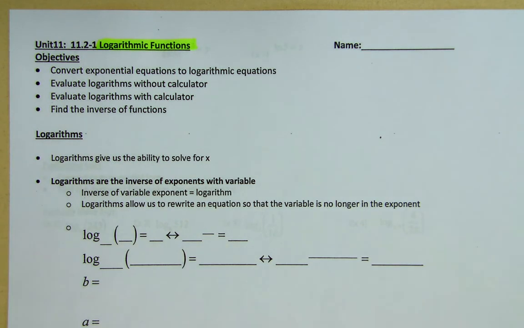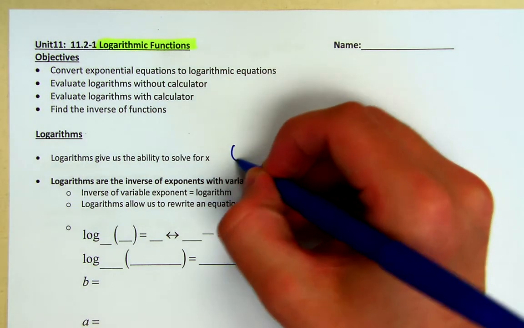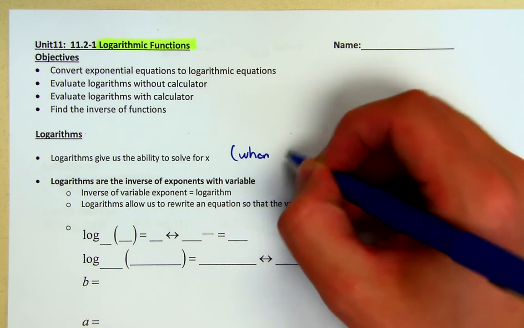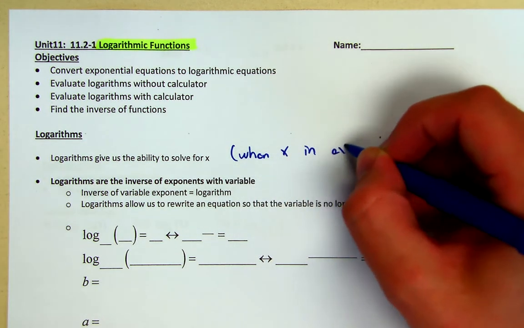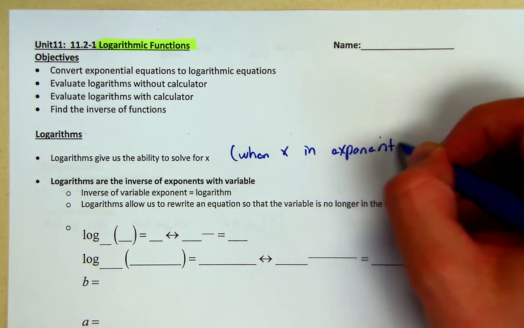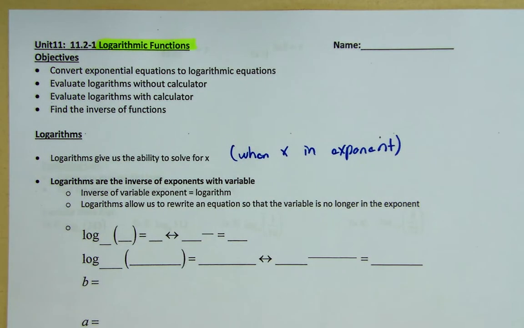So first, what is a logarithm? A logarithm gives us the ability to solve for x, especially when x is in the exponent. So like 2 to the x equals y. We're going to be able to solve something like that.